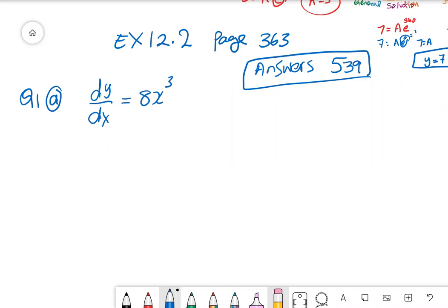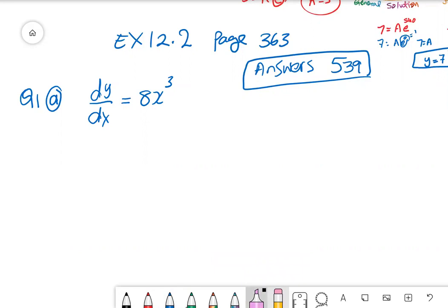So what do we need to do first, Farah? Separate x and y, yes. We don't need to divide here, because dy equals 8x cubed times dx.